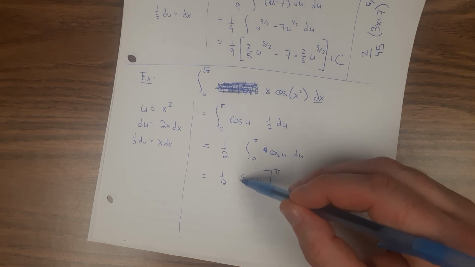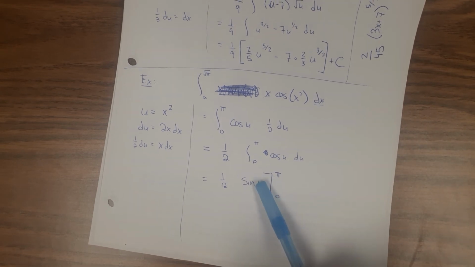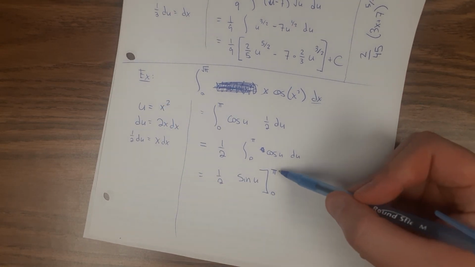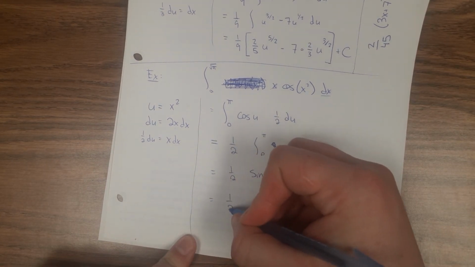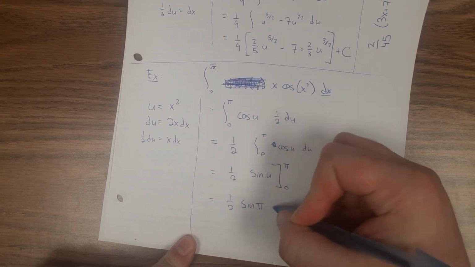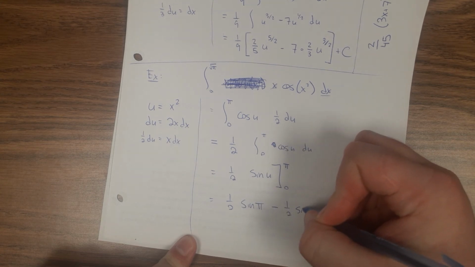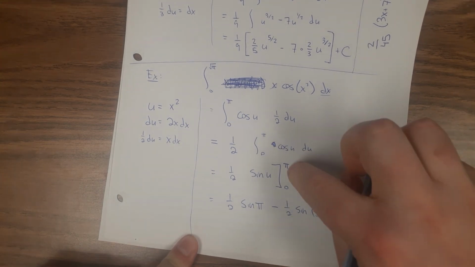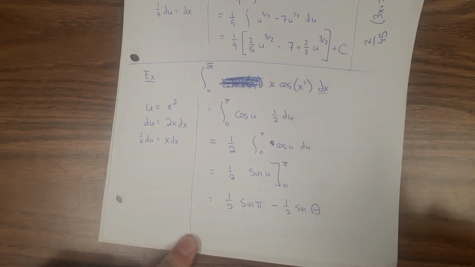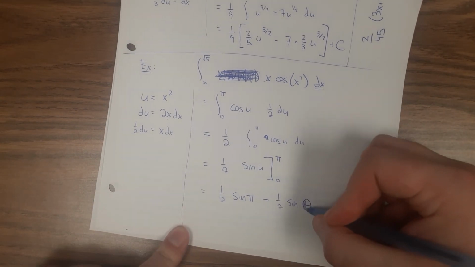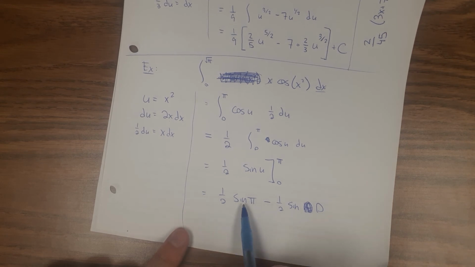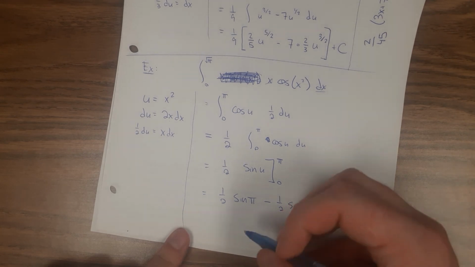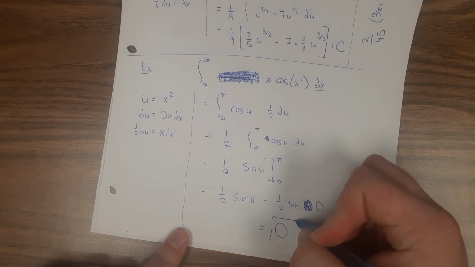I don't have to go back. I don't have to replace u with x squared again. I just put these numbers in directly for u. You plug in this one and you plug in that one and you subtract them. Oops, I wrote theta instead of 0. But actually, sine of pi is 0. Sine of 0 is 0. So this is all just 0.